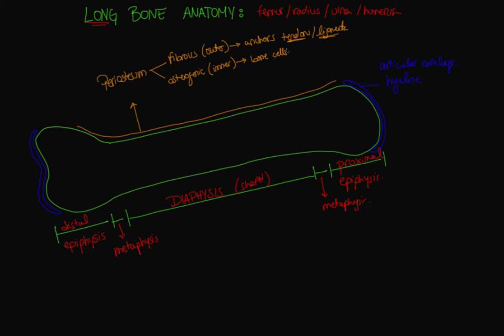So now let's talk about some structures on the inside of your long bone. So far we've looked at the sections of the long bone and the different layers surrounding it. Inside the long bone, we have two types of bone material characterized by density.